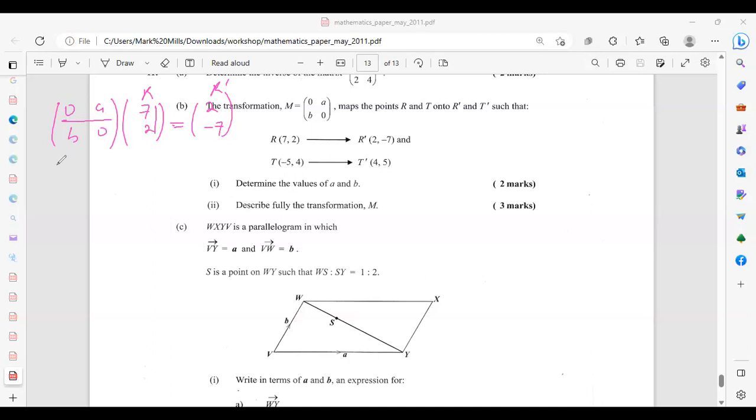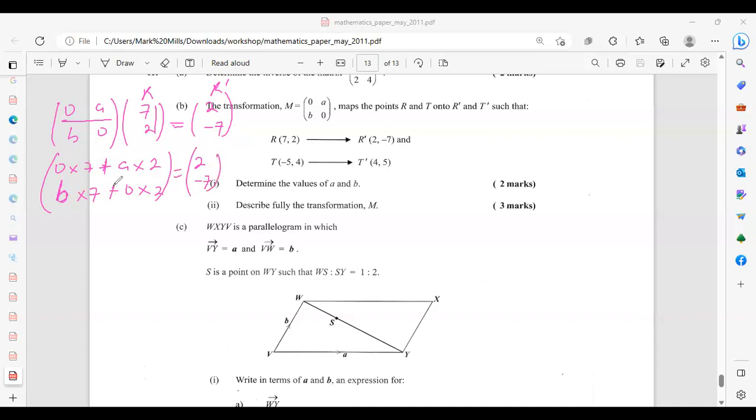So I'll get 0 times 7 plus A times 2. The other one will be B times 7 plus 0 times 2, right? This will be equal to 2 and -7.